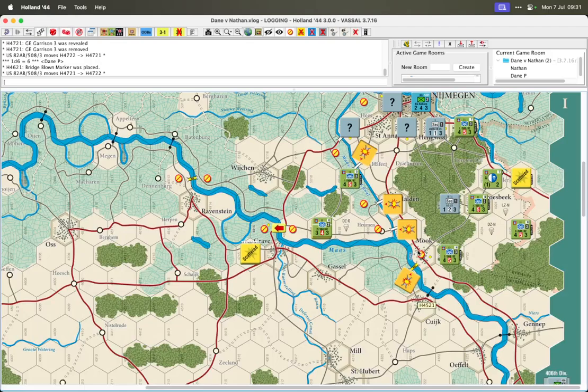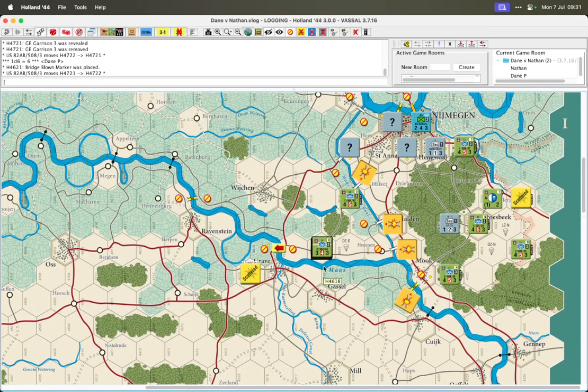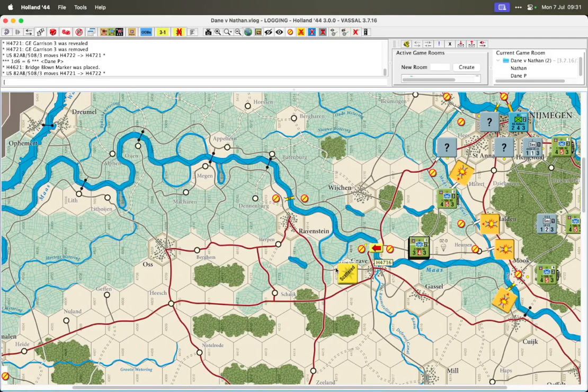All right, so you got a couple more units left of these ones, right? Yep. So there's nobody next to the bridge, so they don't need to do anything to secure the bridge.